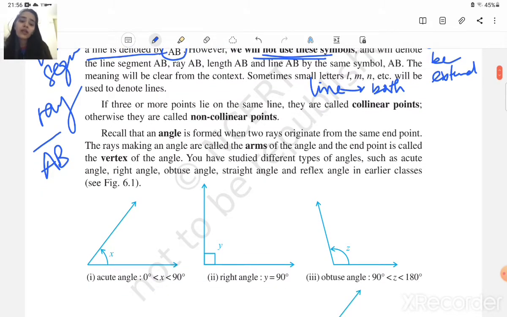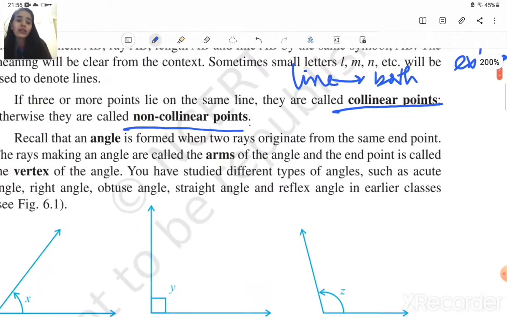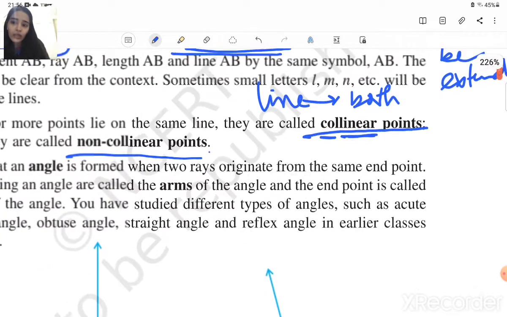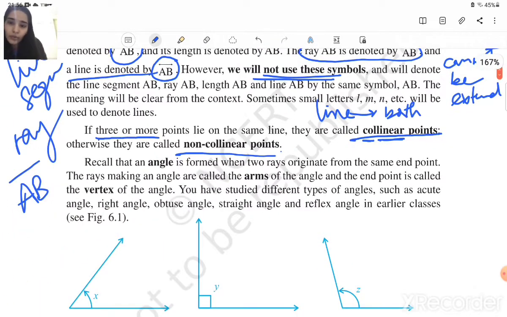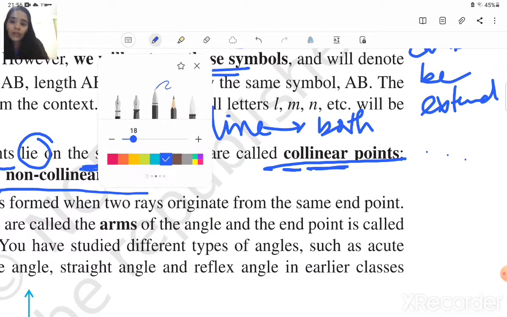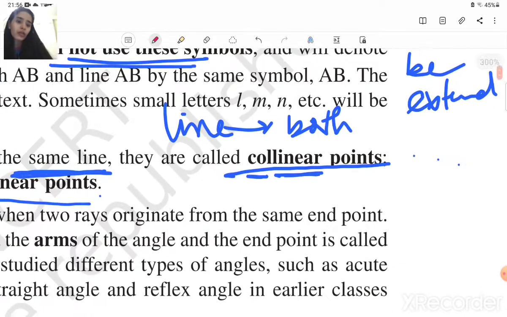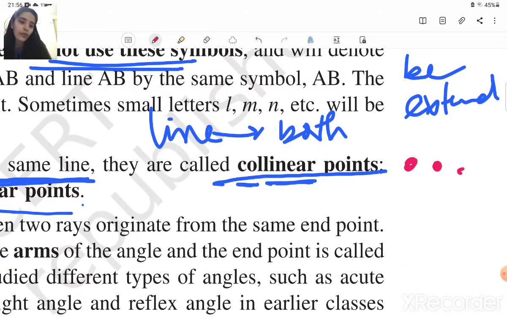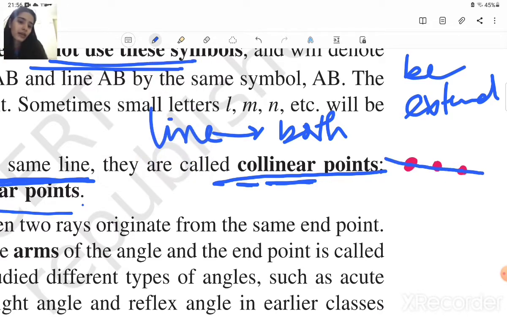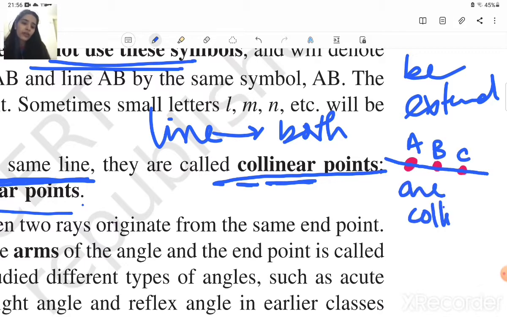Okay, so the next basic definition is of collinear points and non-collinear points. As you can see, the word itself says collinear, which means three or more points which lie on the same line. If we put three points, and if these three points are coming on a single line, then these points A, B, C are collinear points.